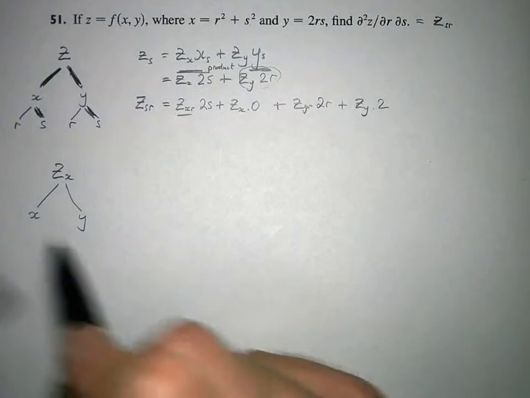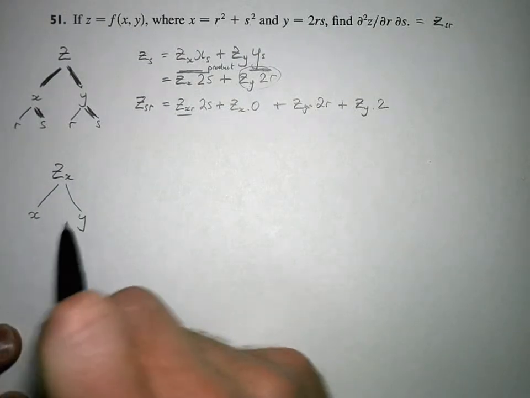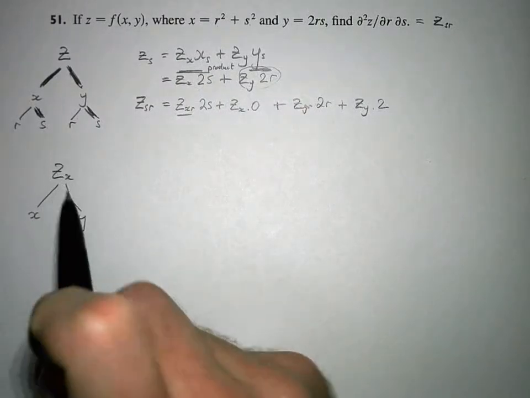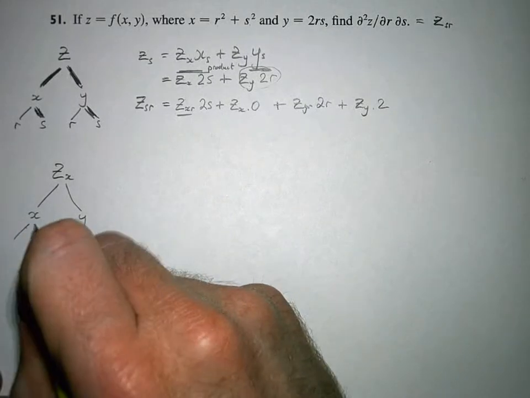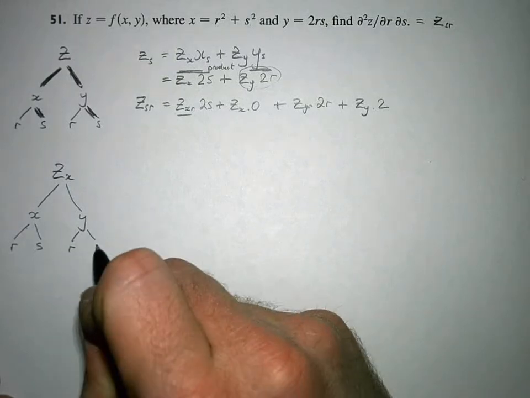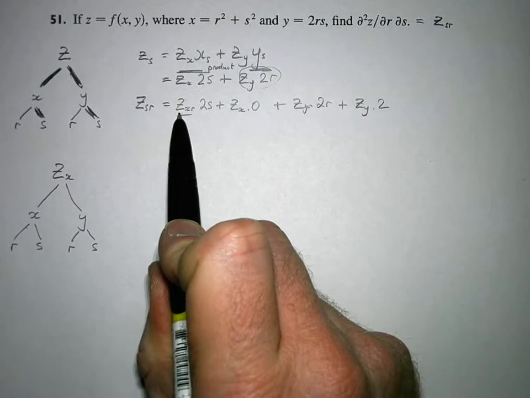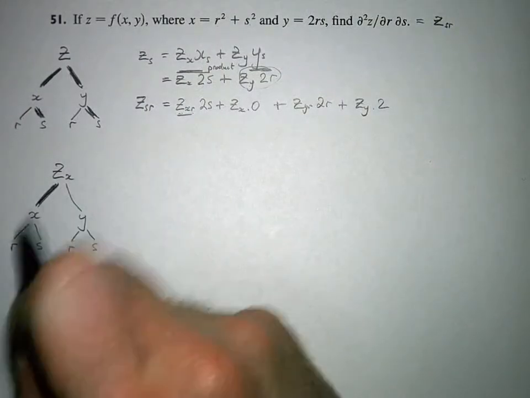The y's haven't disappeared, we've just differentiated with respect to x, so we're still going to potentially have some x's and also some y's. Zx, this derivative, is a function of xy. And of course, x is still a function of r and s, and y is still a function of r and s. Right, so zx differentiated with respect to r, we have to use the chain rule.